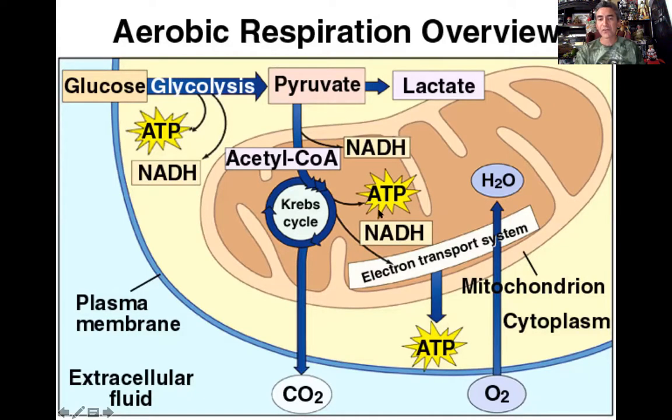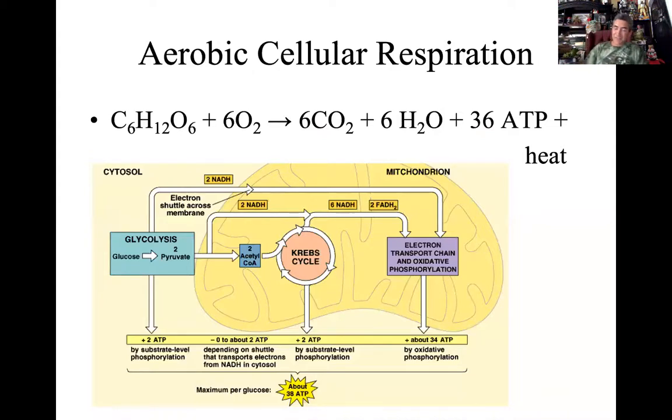NADH then travels to the electron transport chain to generate 32 ATPs. We also form water. Right? So the summary reaction, which seems very simplified now, I hope you see. We started with C6H12O6, glucose, way over here in glycolysis.